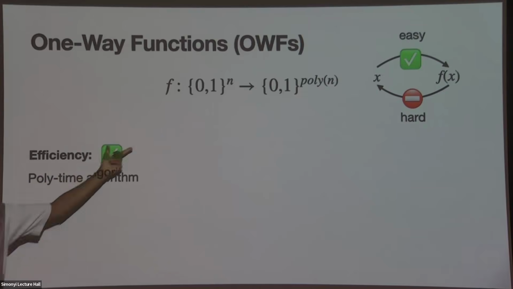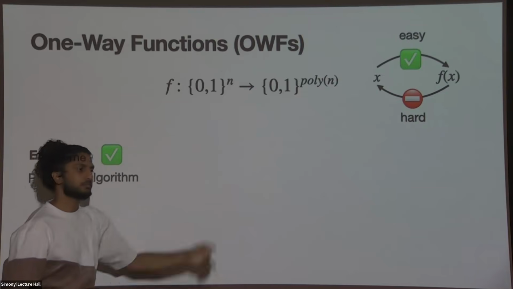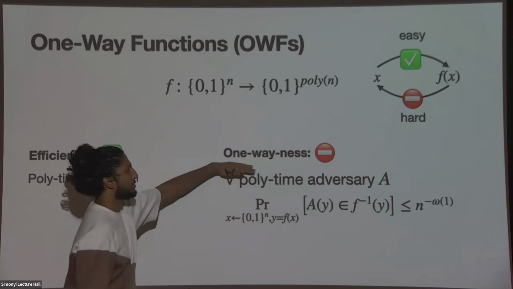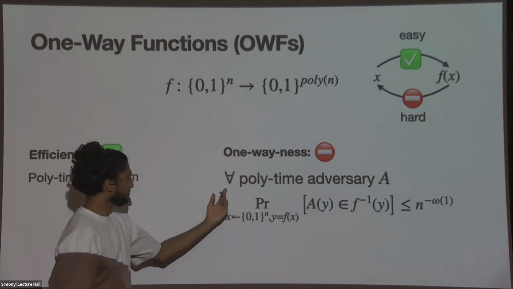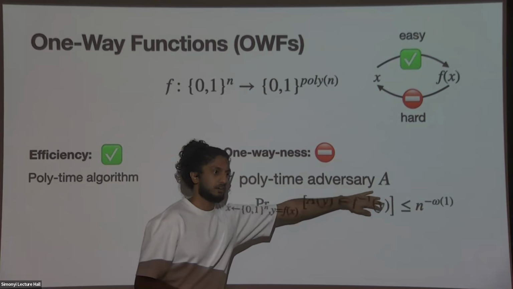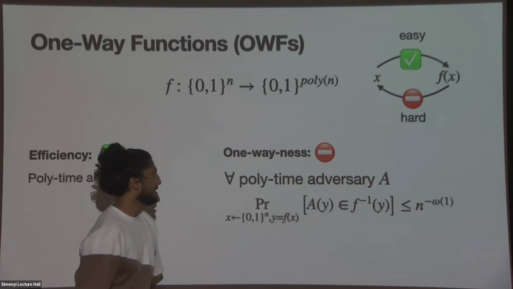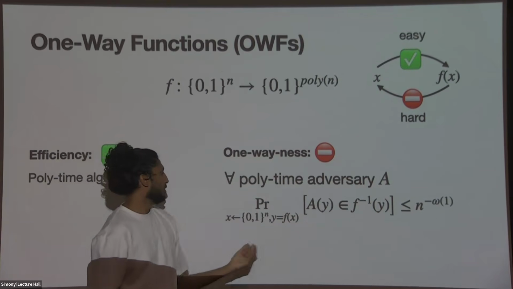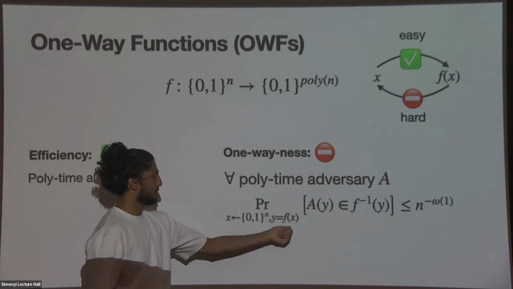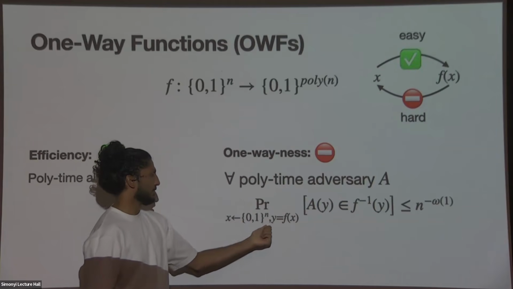We just mean that f is computable by a polynomial time algorithm. What does it mean to be hard in the reverse direction? What is the one-wayness of this function? We say that for every efficient adversary A, every polynomial time algorithm A, if A wants to invert f on a random element of the image, so you draw some input x in {0,1}^n uniformly at random.